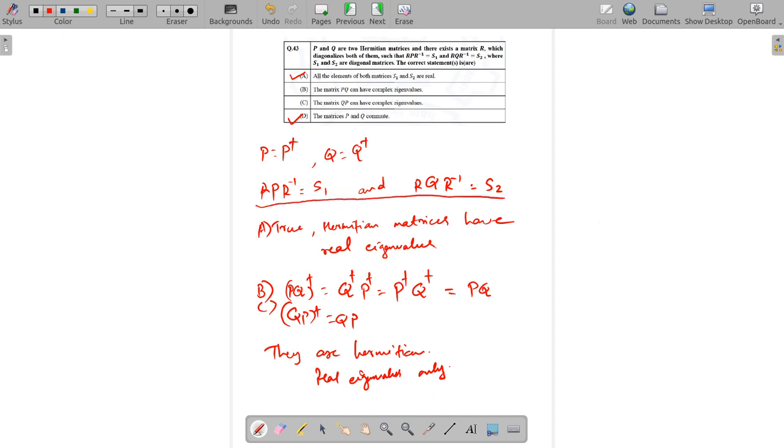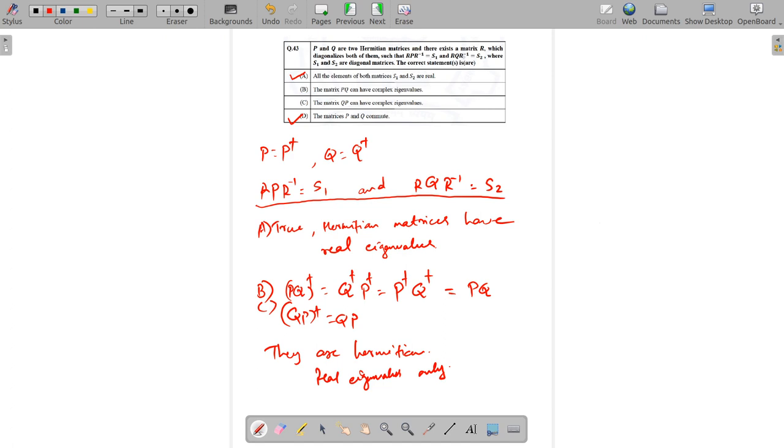So what about option A? All the elements of both matrices S1 and S2 are real, because you know that all Hermitian matrices have real eigenvalues, so they cannot have complex or imaginary eigenvalues. So option A is true.